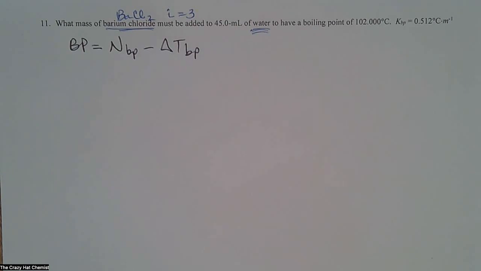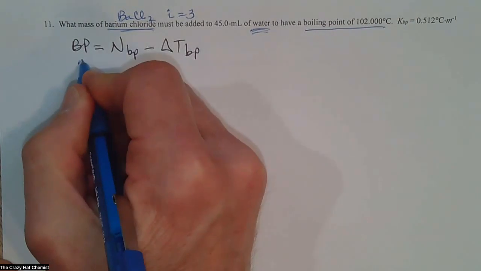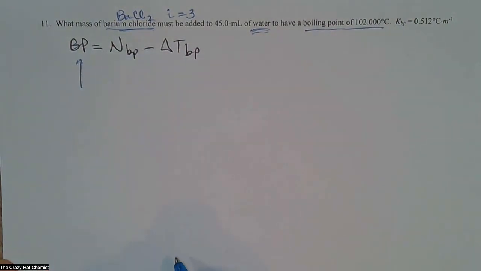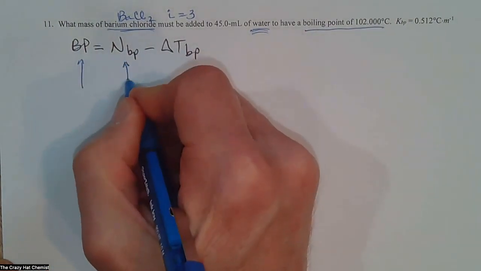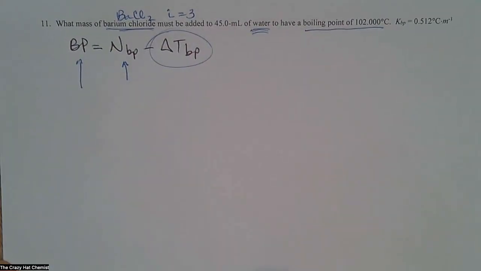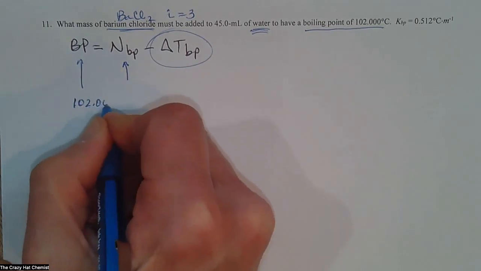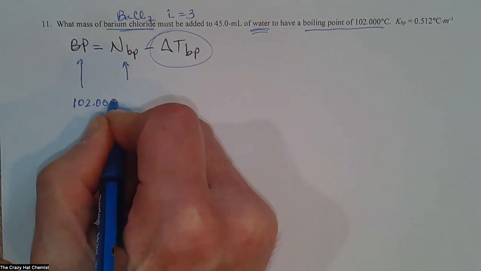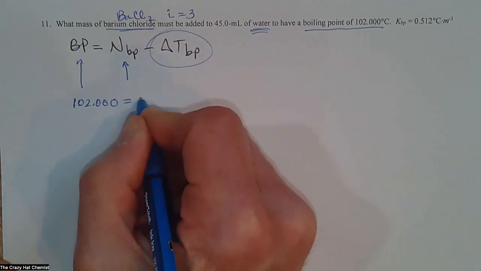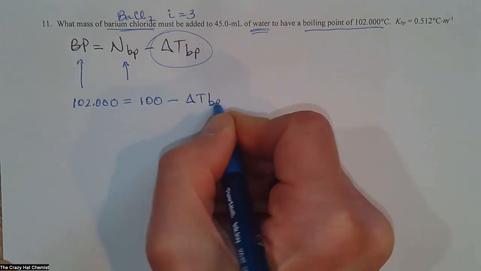Okay, so it gives you the boiling point of the solution. So I'm going to plug that in, and then we know the normal boiling point of water, so we're actually going to solve for the change in temperature of the boiling point. So this is 102.000, I think that's 3 zeros, is equal to 100 minus change in temperature of the boiling point.